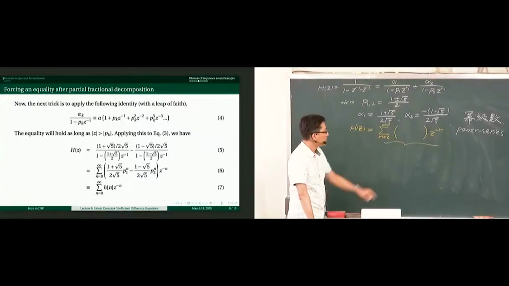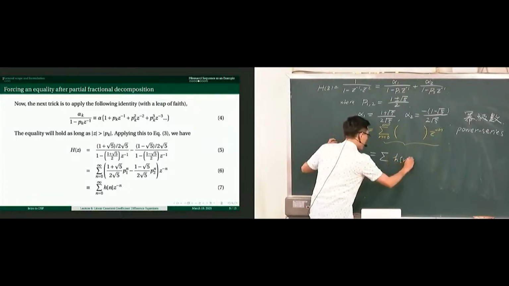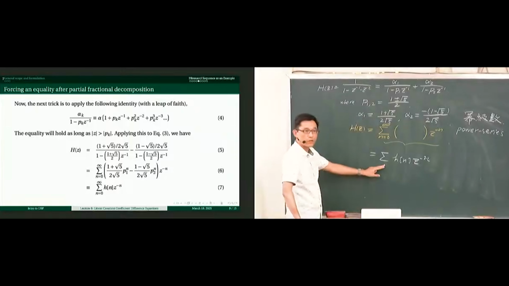But what's the definition of H of z? The definition of H of z is the summation of h_n z to the minus n. That's the very definition from the very beginning. H of z is defined as that.